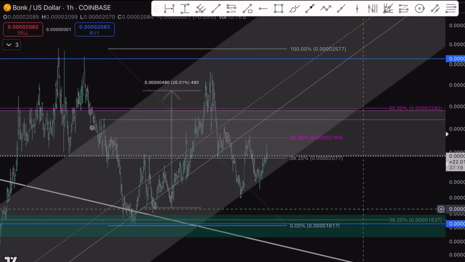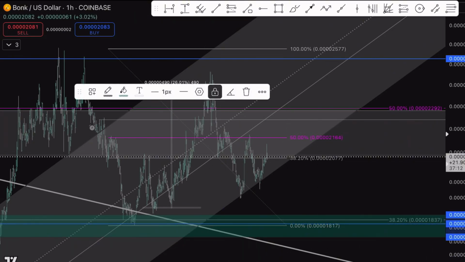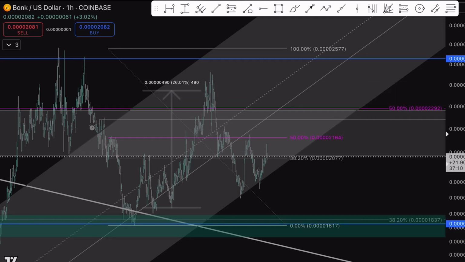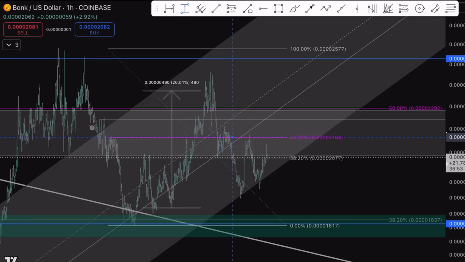And then this green area right here is the next demand zone, right here, right? So if it were to bounce off of here, it probably is going to go up to the edge of this parallel trend, and that could be worth maybe 10 to 15%.